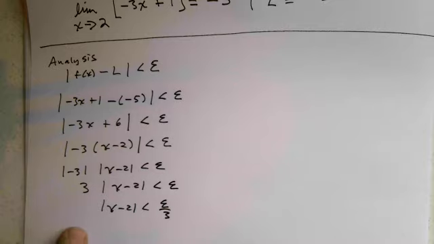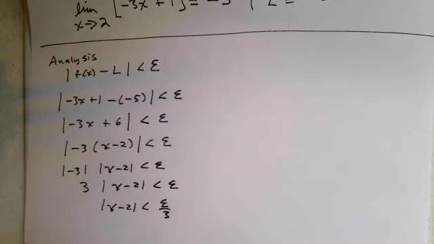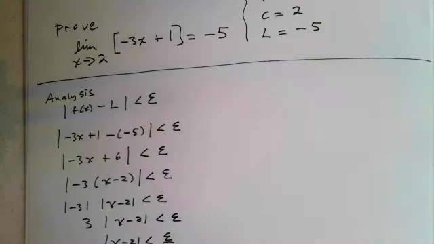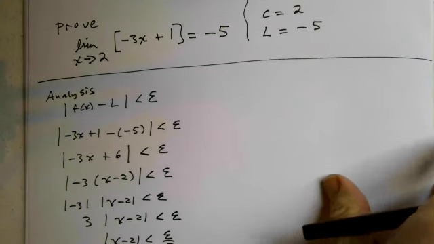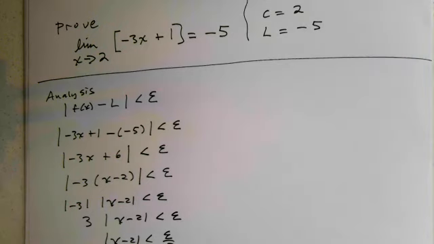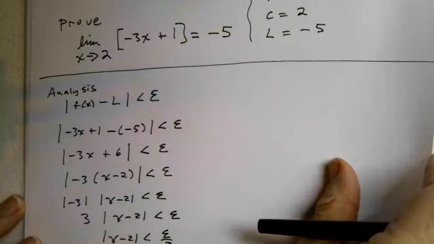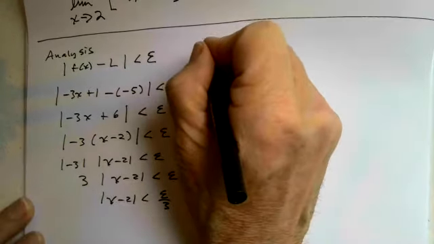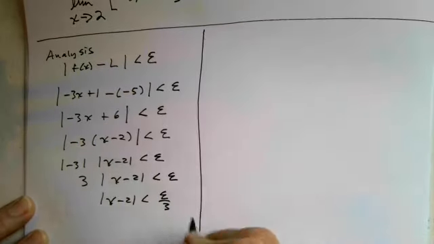And then to do our proof, we just work the analysis backwards. So our delta is going to be less than epsilon over 3. So given epsilon greater than 0, here will be our proof.